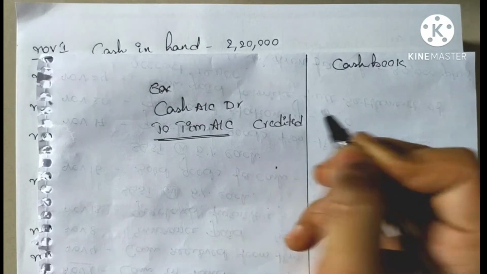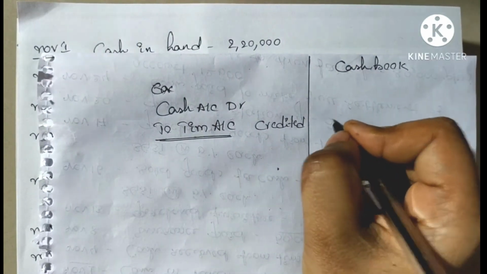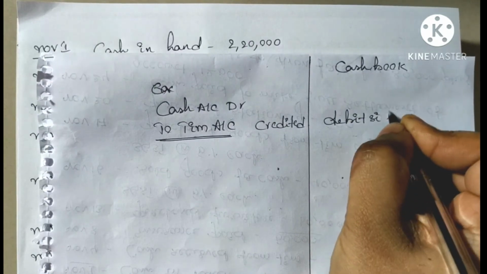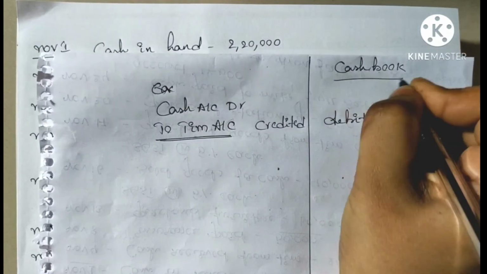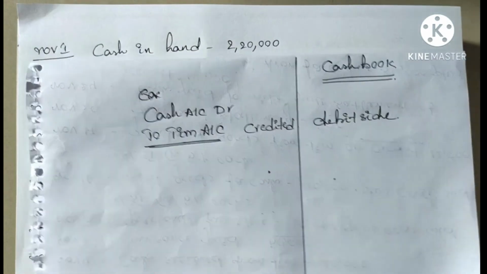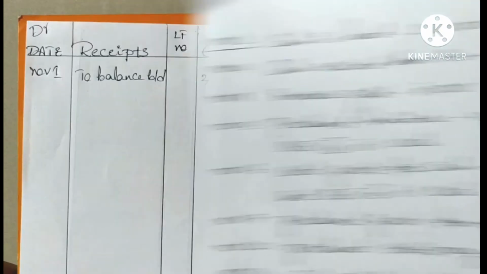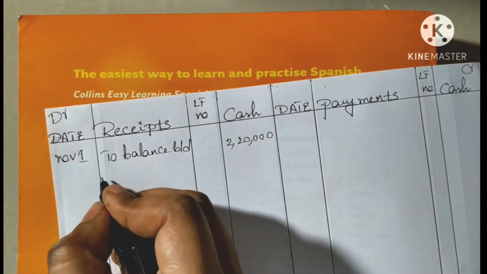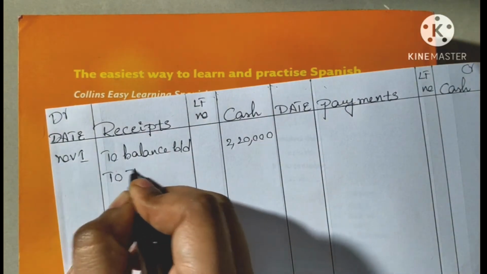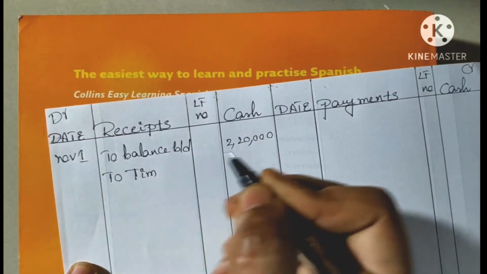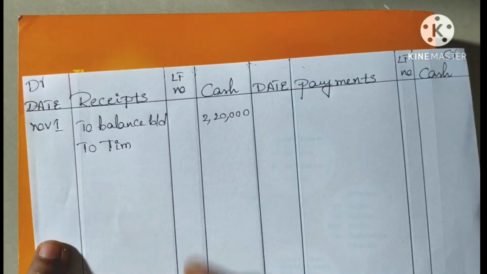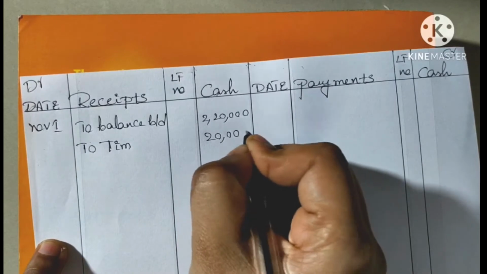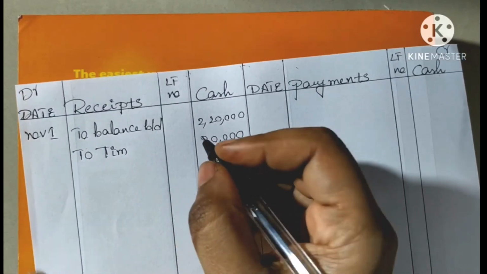So, in the cash book, we will mention it on the debit side by mentioning to Tim, and the amount is 20,000 in the cash column. The date is November 4th.